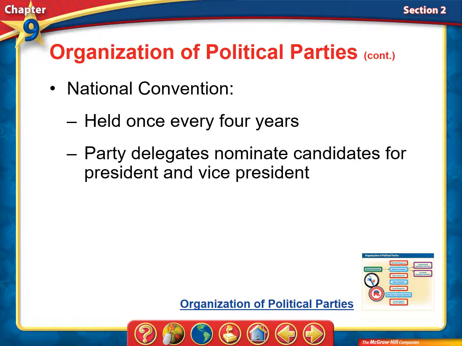And at these conventions, delegates nominate candidates for the president and vice president. Now, as you know, the primary process can take 6 months to a year, where these different hopefuls will compete for votes to see who is going to be the next candidate in a presidential election.